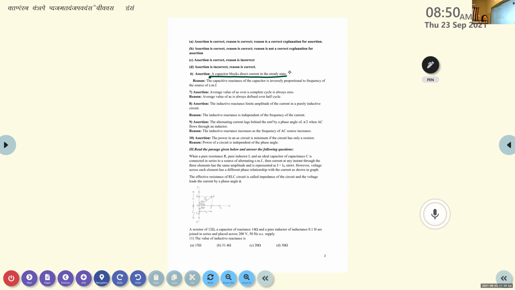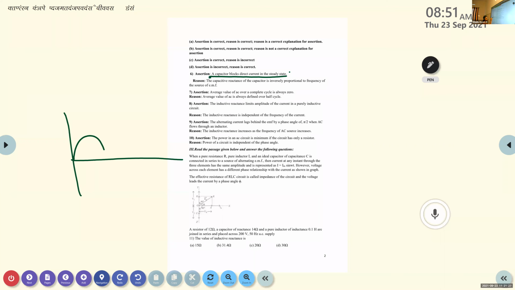Then in the seventh one, the assertion is: average value of AC over a complete cycle is always 0. Is it correct or incorrect? What about the nature of the graph of AC?